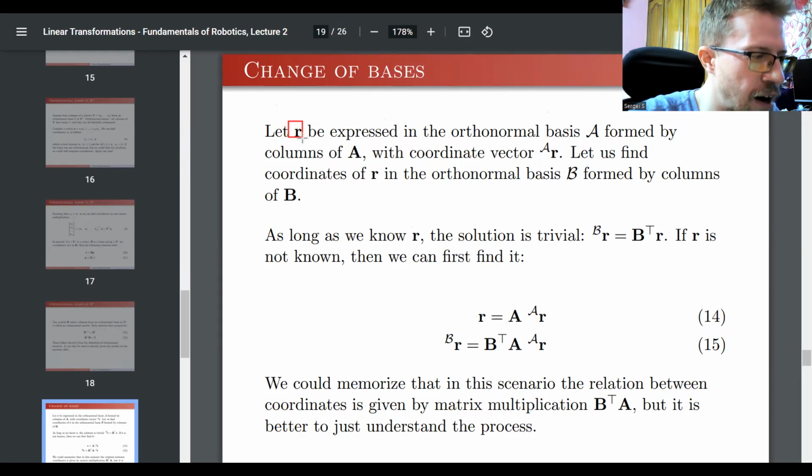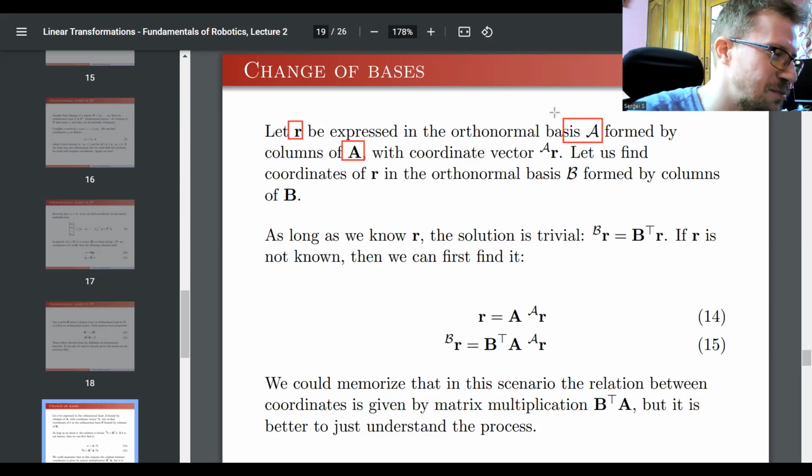So we have R expressed in orthogonal basis A. This basis is formed by columns of A, matrix A. Please notice I use bold to represent vectors and matrices. I use cursive to represent bases and other objects like this. So don't confuse a basis and a matrix that forms this basis.